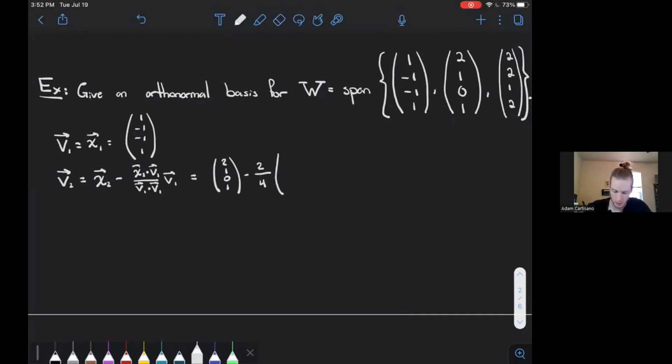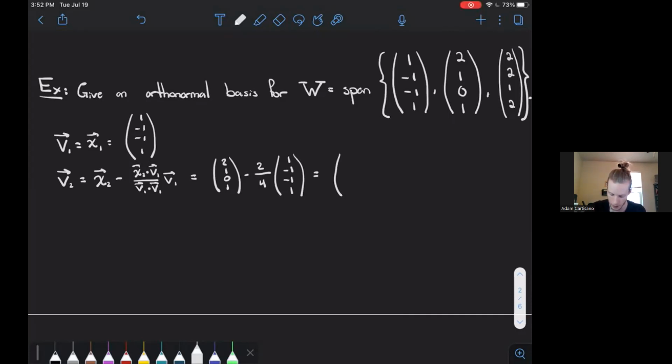So it'll be minus 2/4 or 1/2 of v1, so (1, -1, -1, 1). As a vector, we're just going to scale the v1 vector by -1/2, which means all the positives become negatives and all the ones become 1/2s, and then we'll add the two vectors together.